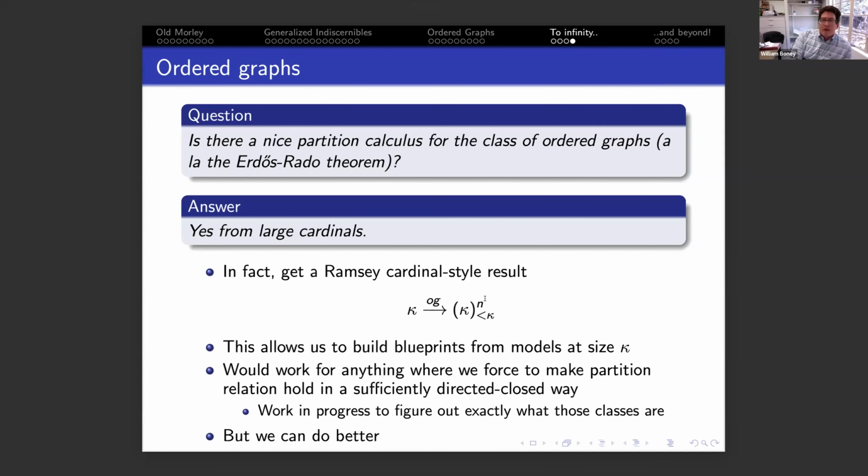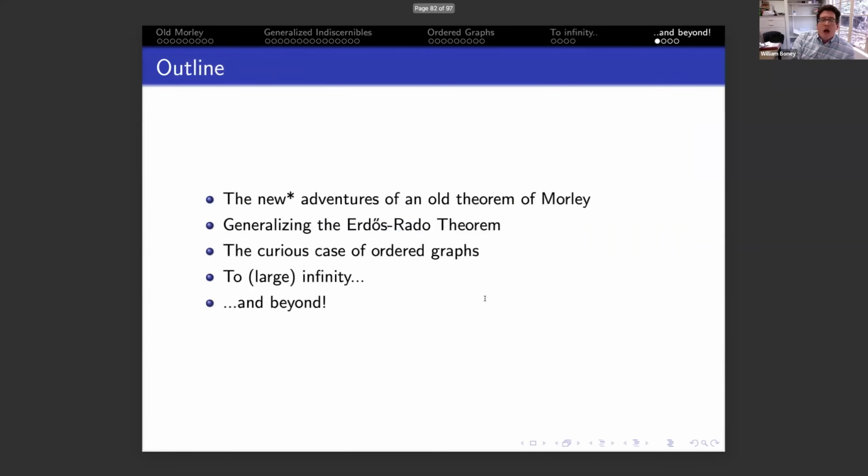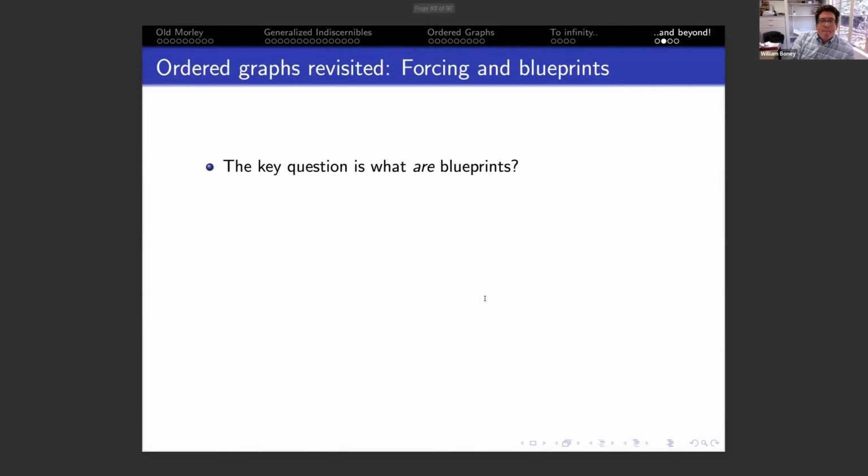But we can do a little better. Well, a little better for the model theorists, maybe not a little better for the set theorists. Because again, it goes back to this idea that the model theorist in me doesn't really care about the structural partition relation I've been talking about. It cares about blueprints. And so you want to ask, what are blueprints? It's some definable class functor, but it's generated from some small set.